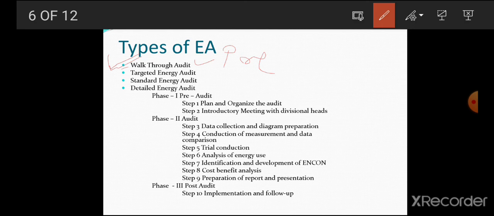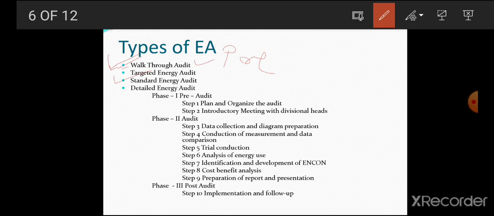Then third is the standard energy audit. It consists of a comprehensive energy analysis for the systems in the facility of the industry. In particular, this audit includes the development of a baseline for the energy use of the facility and evaluation of energy savings.